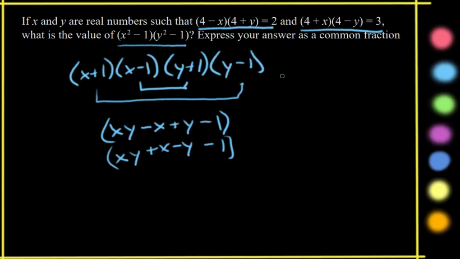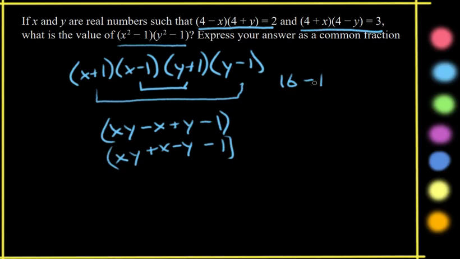So we've got 4 times 4, we got 16 minus 4 times, let's see, this will be y minus x. Or wait, which one is it? No, it's minus x, so sorry, it's minus x minus y.